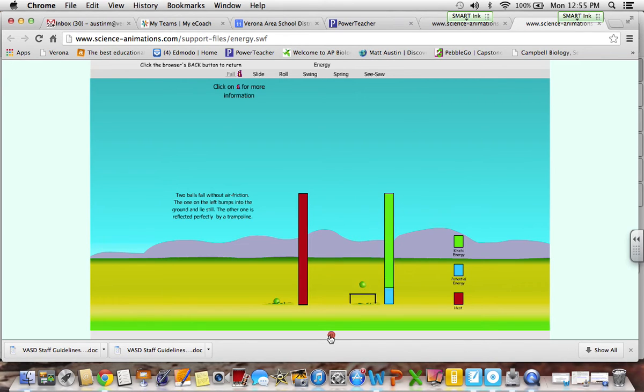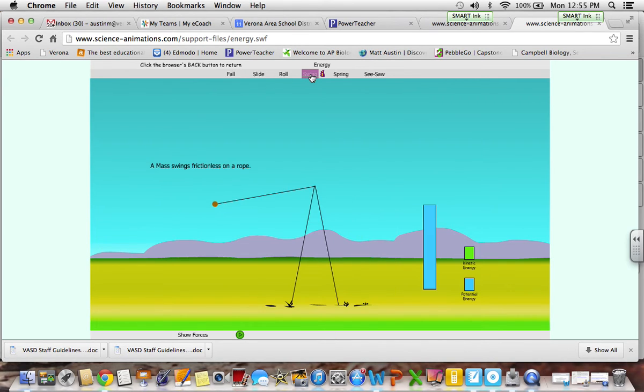Another way we can look at that same concept is here in the swing. You can see potential energy in blue, kinetic energy in green. When the swing is not in motion, you've got 100% potential. And again, that potential gets turned into kinetic energy. So the PE at the top is equal to the KE at the bottom.